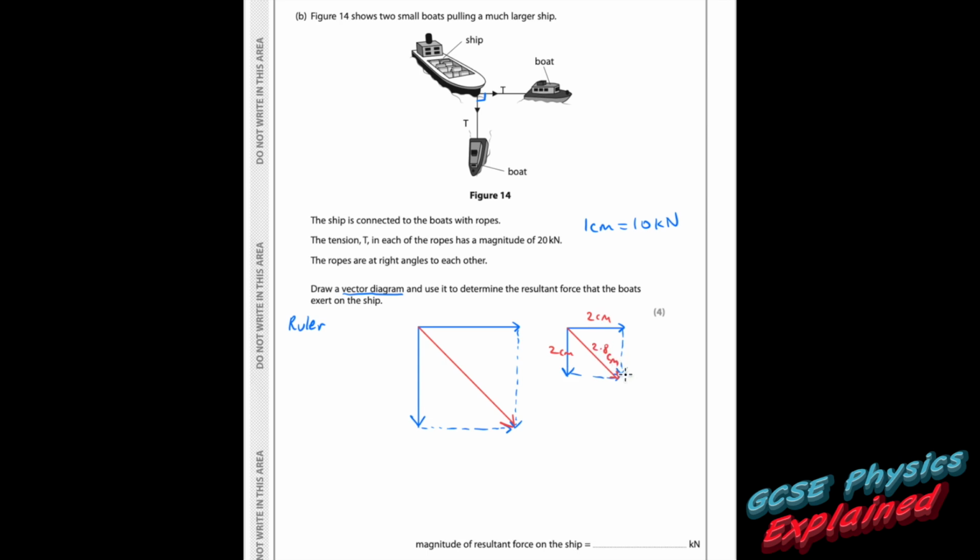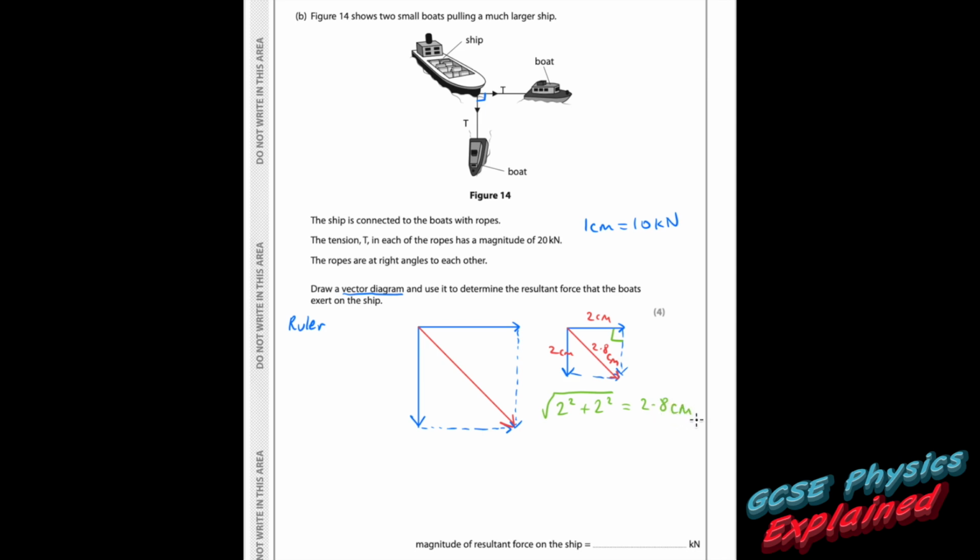Now, some people prefer to do this by Pythagoras, because what you've noticed is you've actually created a right angle triangle where both of the sides are 2 centimetres. So if you did 2 squared plus 2 squared and square rooted it, that would equal what this is, and it comes out as 2.8.